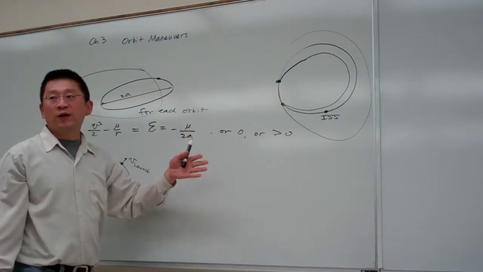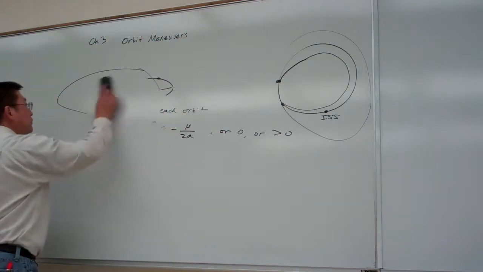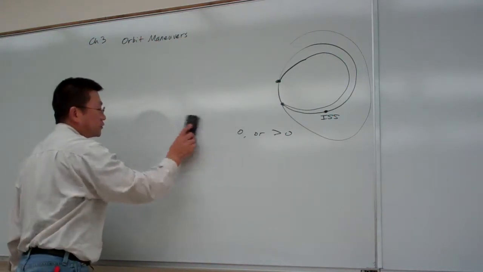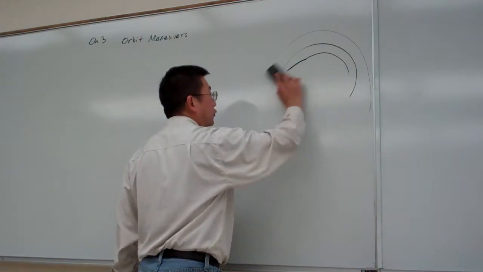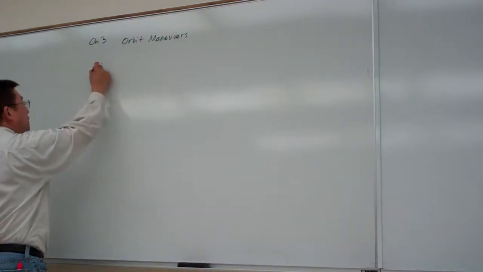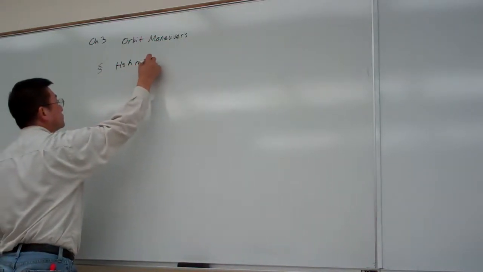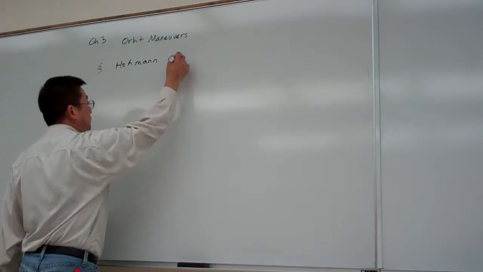But at least we can talk about the general procedures. So this is a general introduction to what we're going to learn in these chapters, and the first one I want to talk about is the very simple Hohmann orbit transfer.